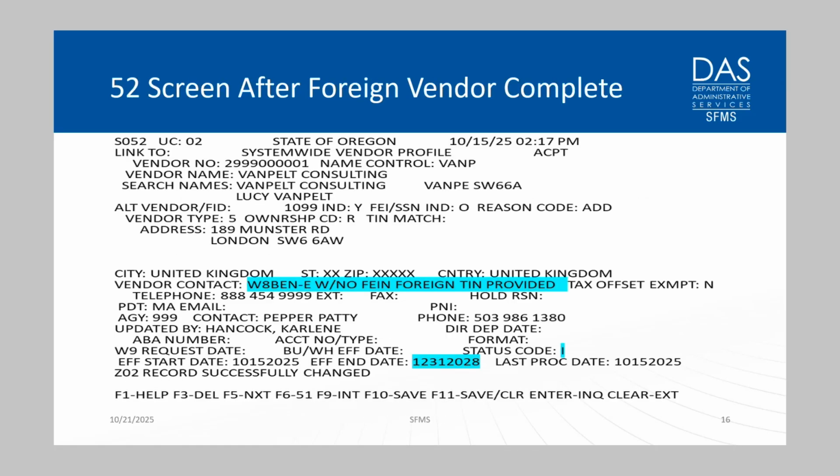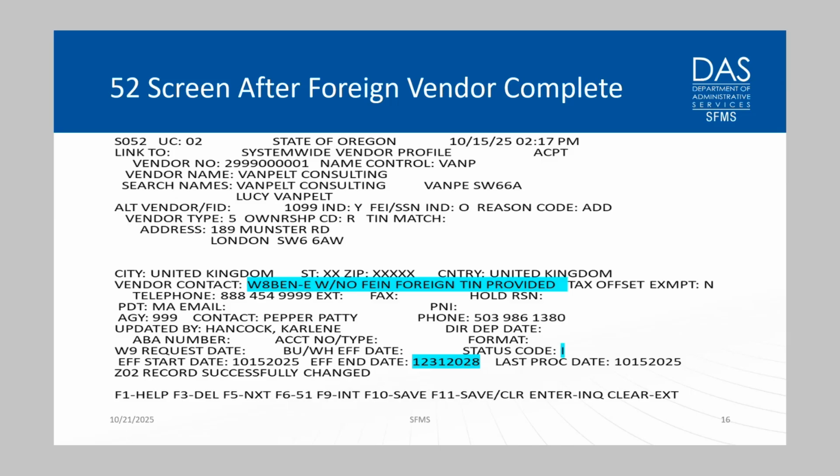So basically, after a foreign vendor is complete, what you're going to see is a vendor where I use this vendor contact line to make notes regarding the W-8. The W-8 BEN-E was received with no FEIN or foreign TIN provided, and therefore its effective change end date is 12/31/2028 in I status.